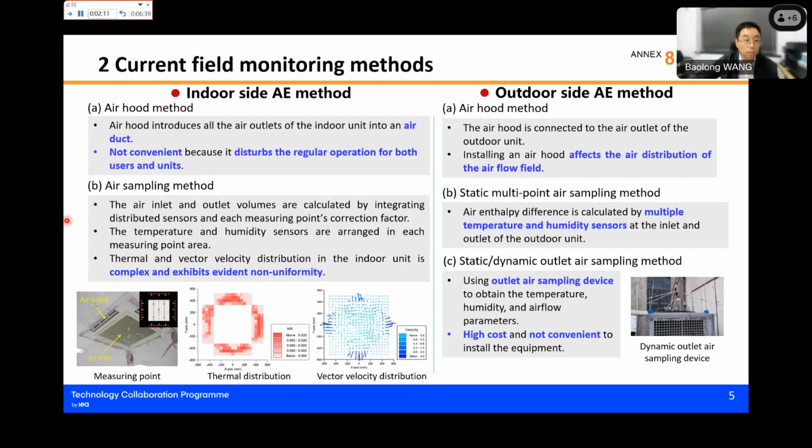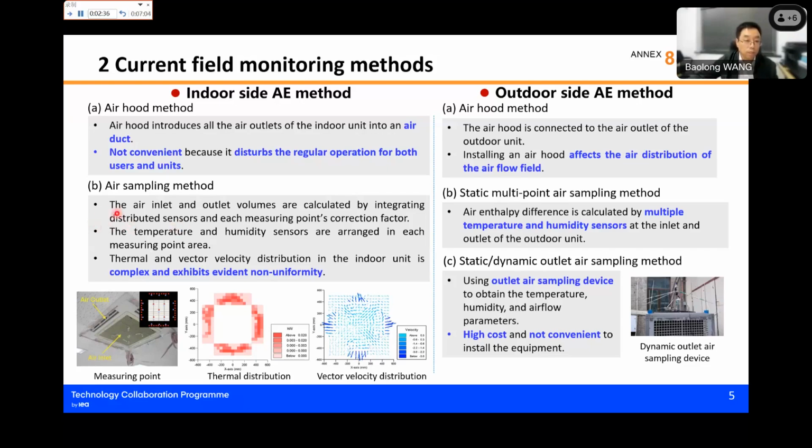Another method tries to avoid this kind of effect by not using the air hood. We call that the air sampling method. They just install multiple inlet and outlet sensors, including the air volume and air speed sensors, and also the temperature and humidity sensors.